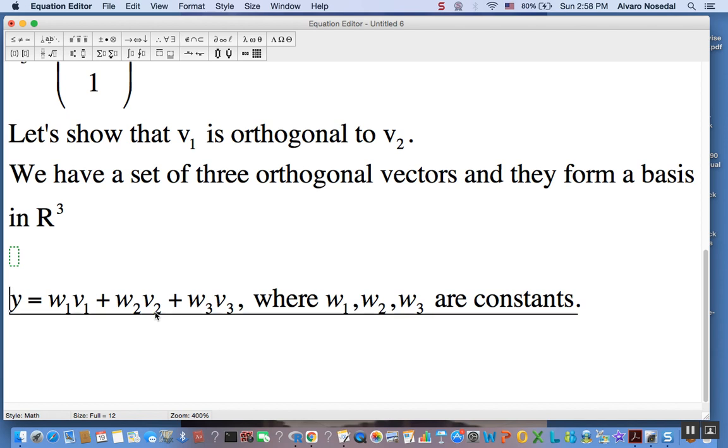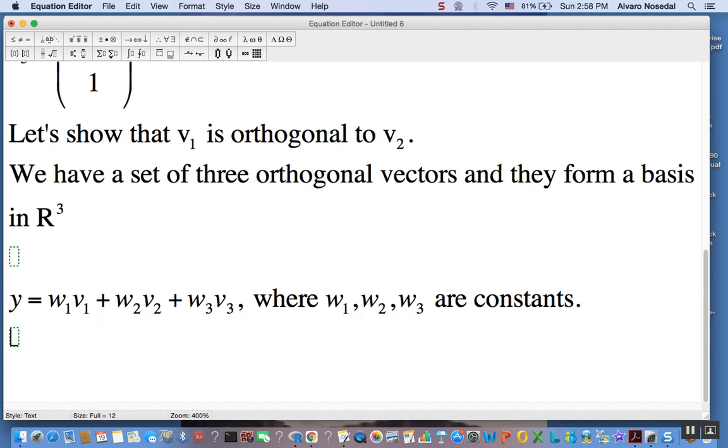So we will find vectors u1, u2, u3, which represent normalized versions of v1, v2, and v3. And what we're going to show is that w1 is just the inner product between y and u1, w2 is the inner product between y and u2, and w3 is the inner product between y and u3.